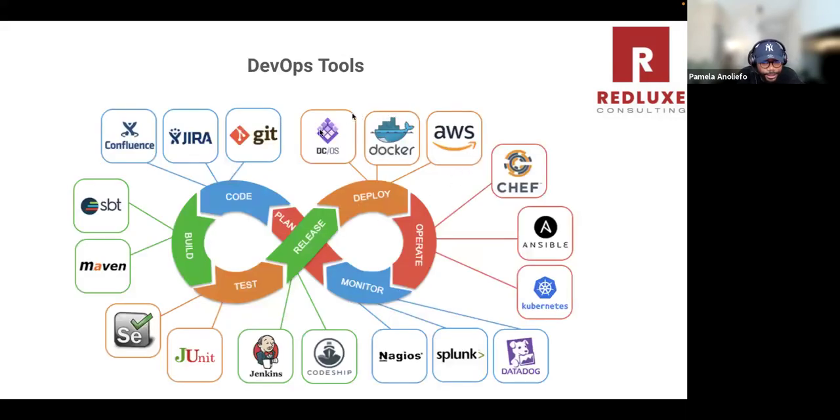A cloud architect mostly focuses on building the infrastructure where the application is going to be deployed in the cloud.